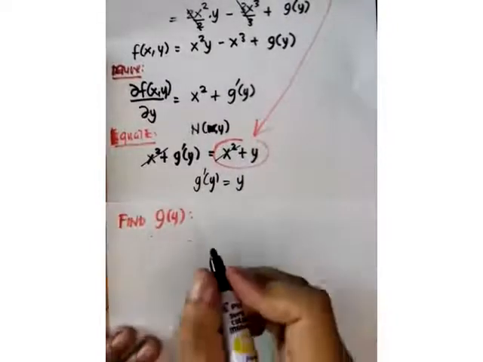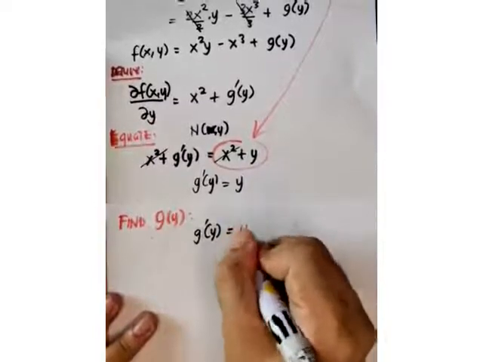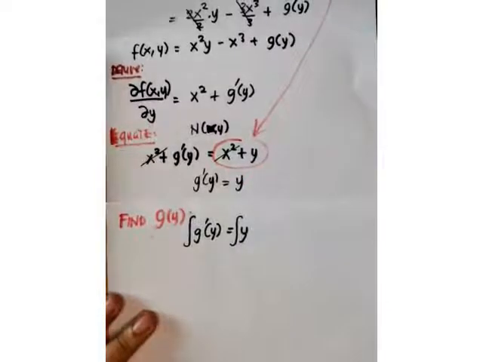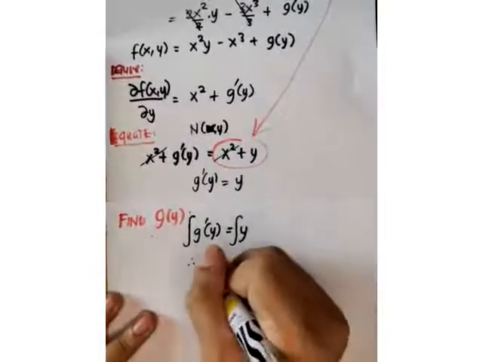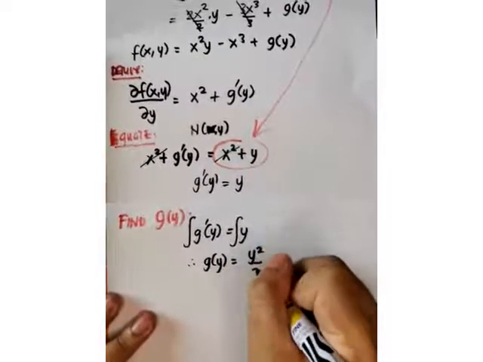Okay, how will we get g of y? Okay, para mawala yung prime, integrate natin. Ayan. Okay, so therefore, g of y is equal to y squared over 2.